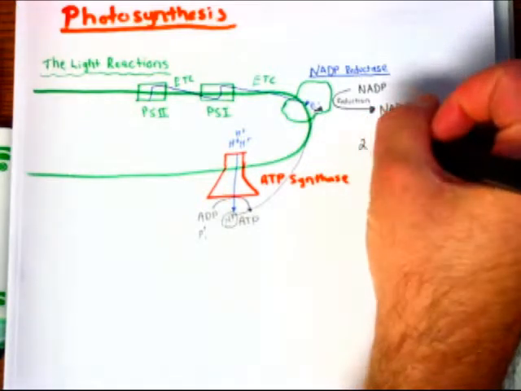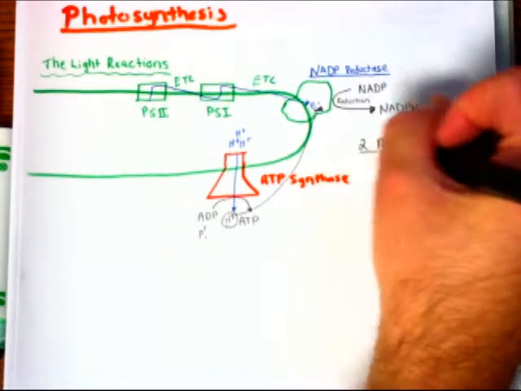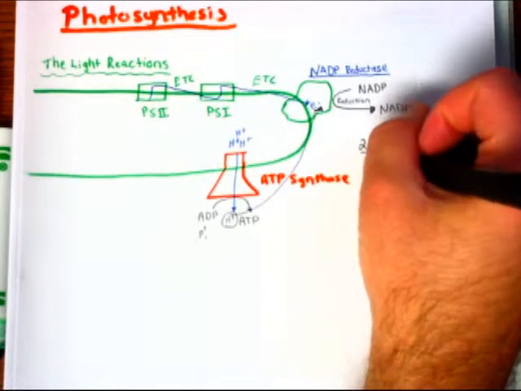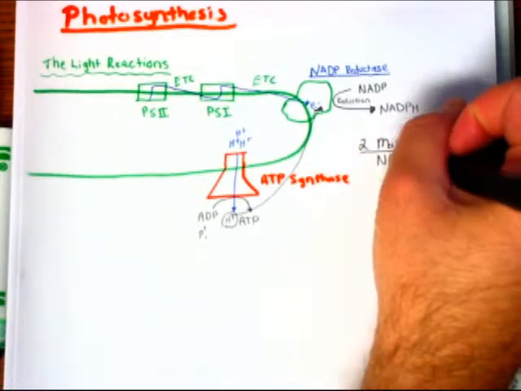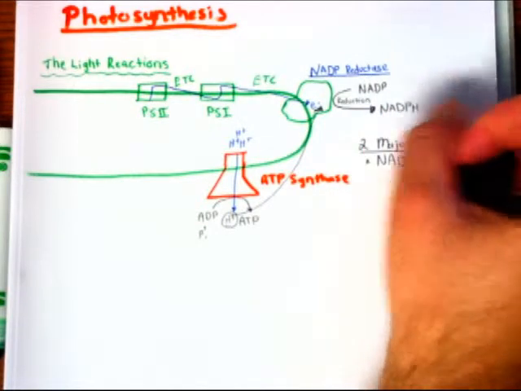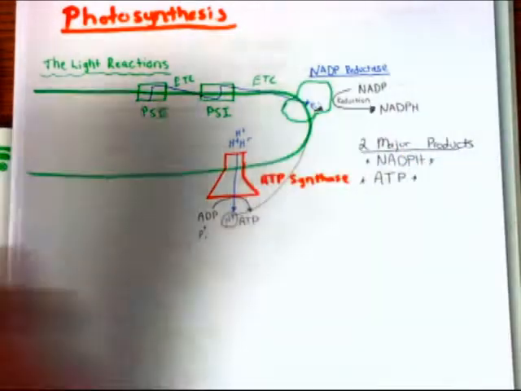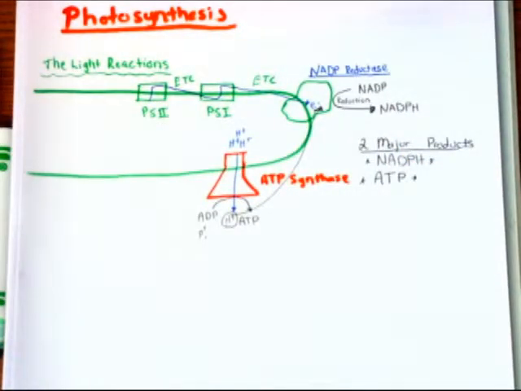Your two major products being the NADPH, the reducing power, as well as the ATP. Cool? So pretty logical stuff, right?